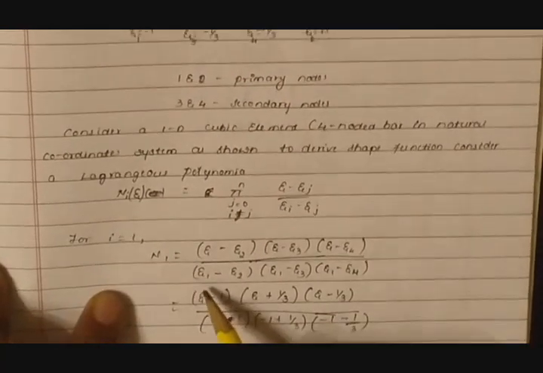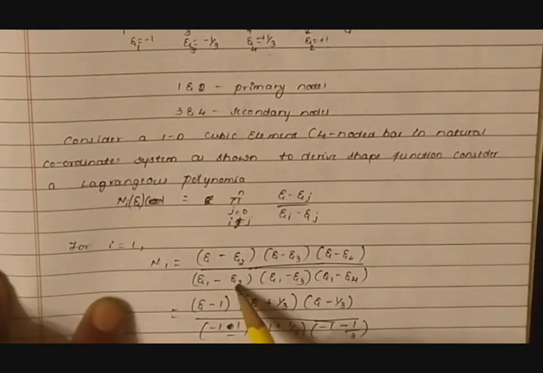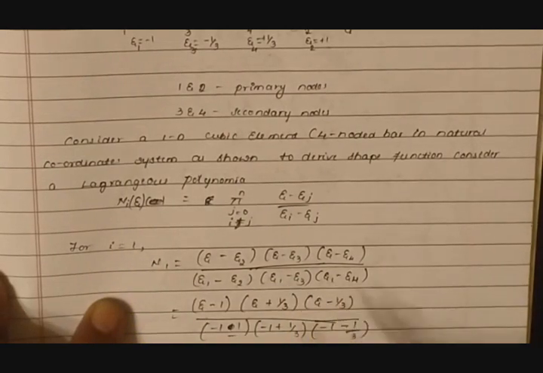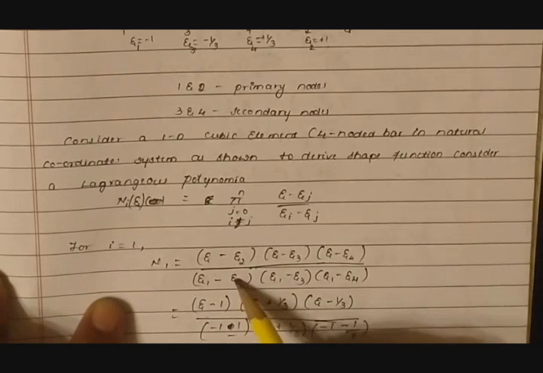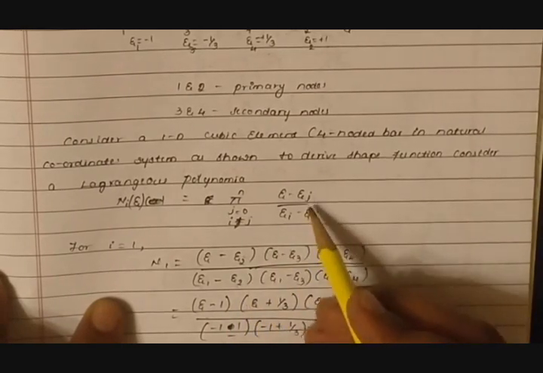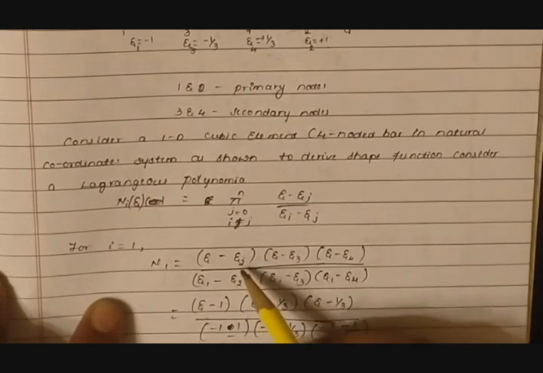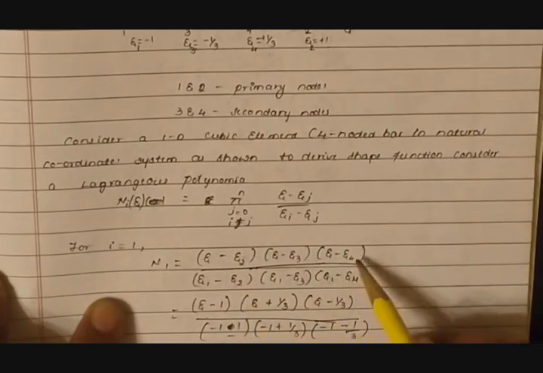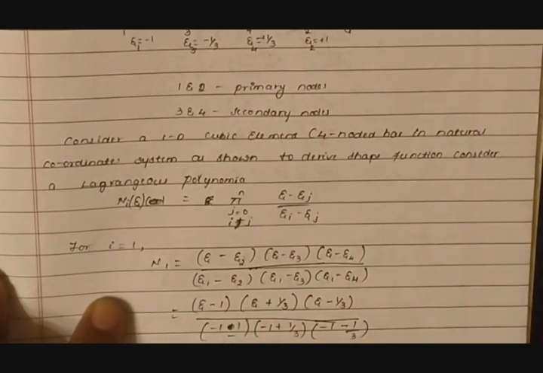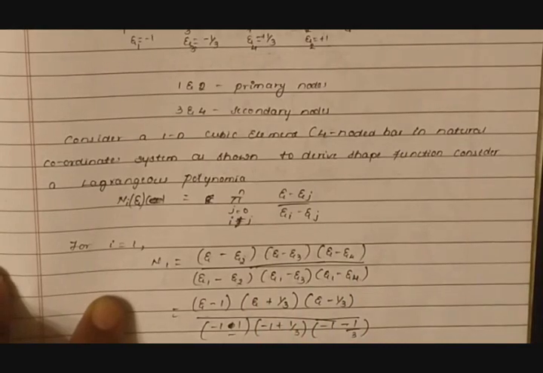Similarly, in the denominator, zeta i minus zeta j. So what is i? i is 1. So zeta 1, zeta 1, zeta 1, because i is 1. And the second term will be same as the top term, because j and j. Okay. So zeta 2, zeta 2, zeta 3, zeta 3, zeta 4, zeta 4. Is this clear? Very simple way to understand or remember it.